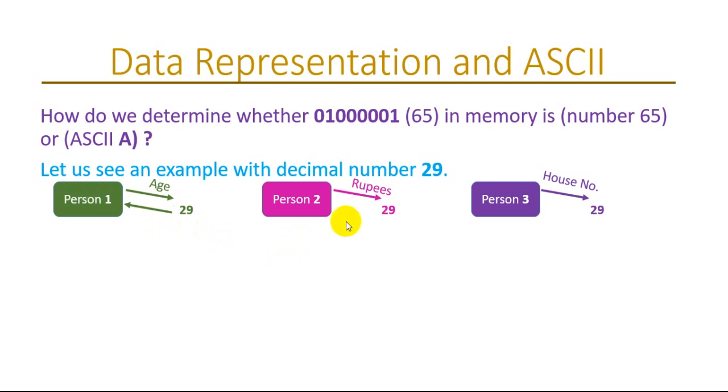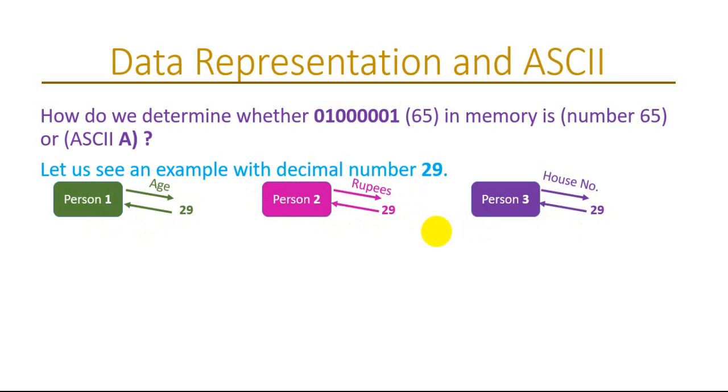Same way, this person, when he reads the 29, will read it as 29 rupees, because he wrote an amount, money. This person who wrote 29 as a house number will read it as house number 29.